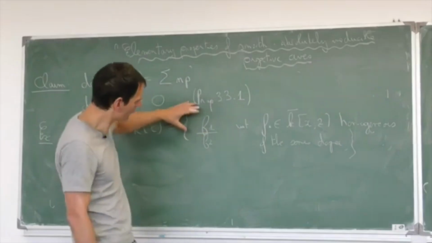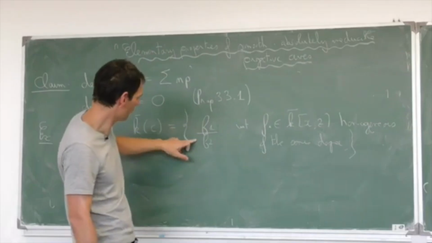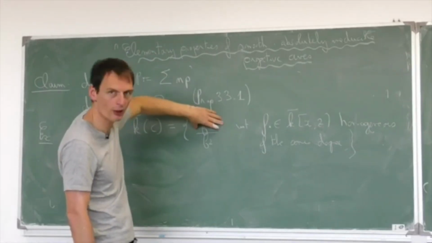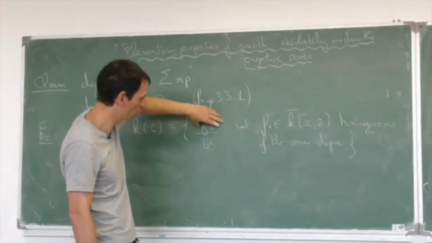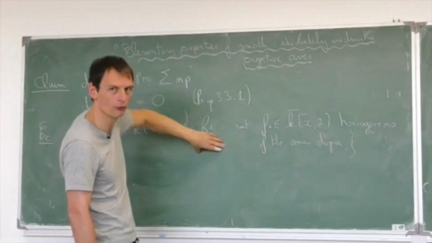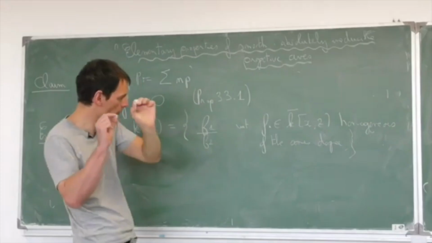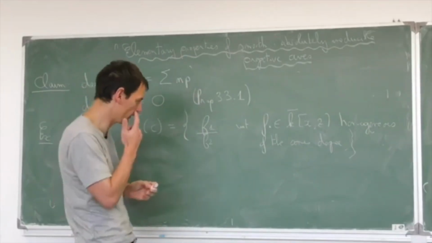But modulo this fact, the zeros of a function here are going to be the zeros of f1 as a polynomial in one variable. And the poles are going to be the zeros of f2 as a polynomial in one variable. And of course, again, there is the subtlety of taking into account what happens at infinity.